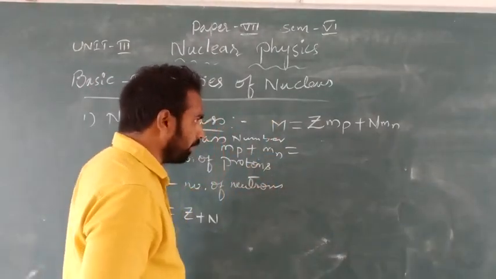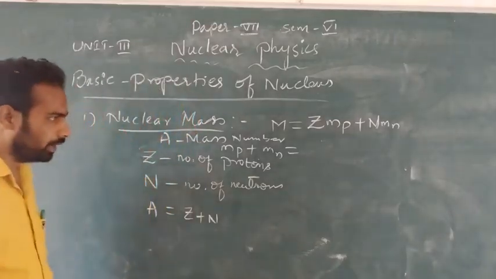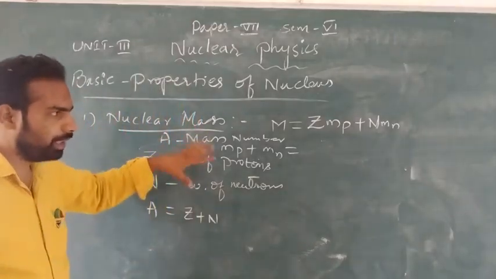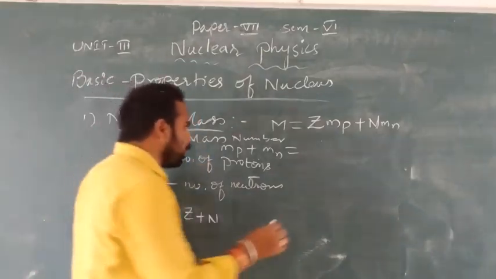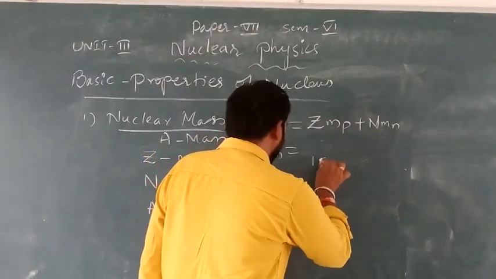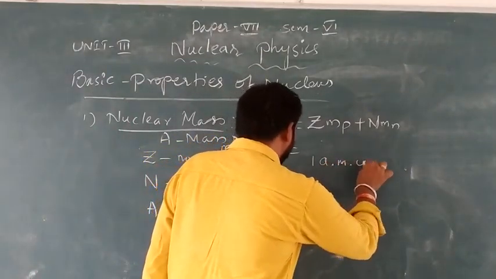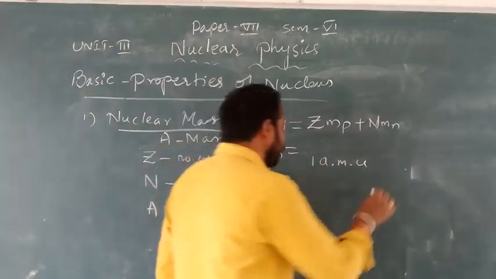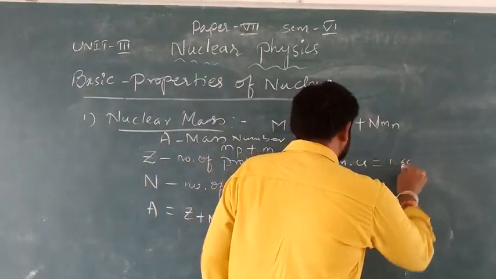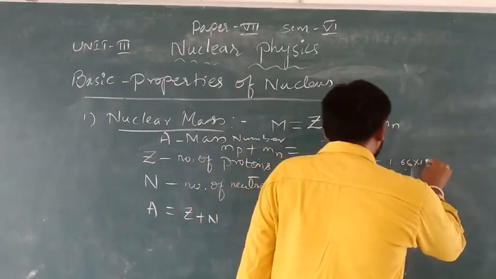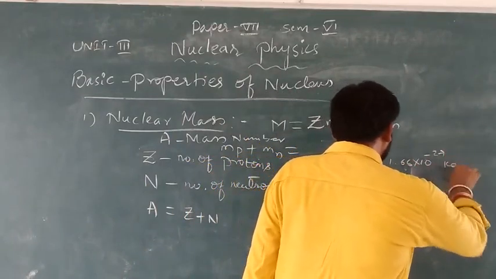The nuclear mass can be represented in terms of atomic mass unit, AMU. 1 AMU is equal to 1.66 into 10 power minus 27 kg.